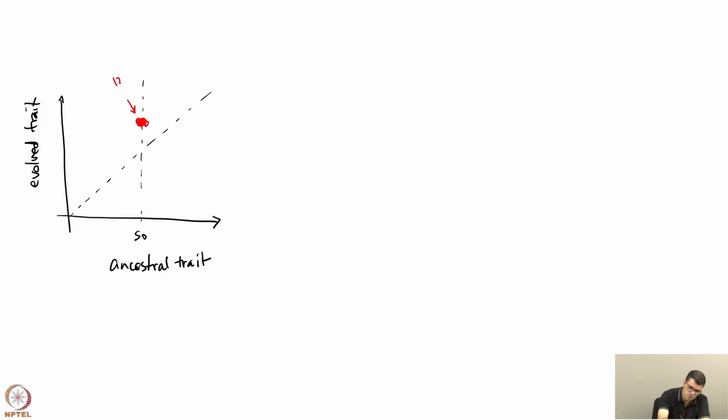So, all 12 lines have an evolved trait value which is S1, and because this is the x equal to y line, this is S0. What that means is that, one, size has increased. Second, size has increased by the same amount.